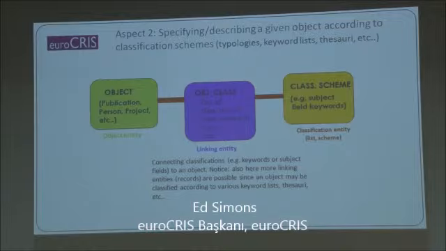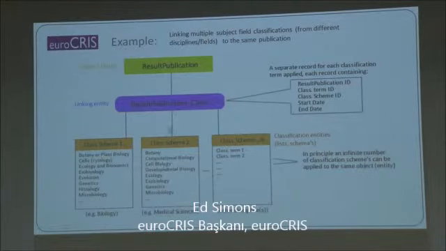An example of classifying an object through these linking entities is shown in this image here, where you see an object, whether it's a publication, a person, or a project, can be classified by means of this linking entity, where you see the object identifier and the classification term identifier in this linking entity record, and also the classification scheme identifier, so which keyword list or thesaurus is used, etc. So, concrete example.